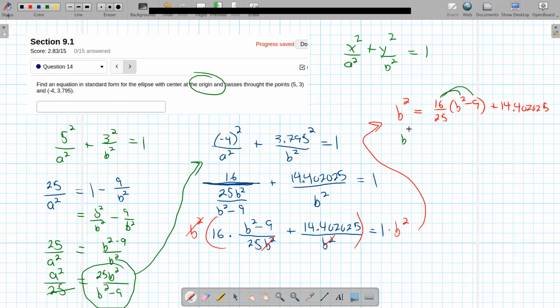So b squared equals 16 over 25 times b squared minus 16 over 25 times 9. So we'll just say 16 times 9 over 25. We still have that 14-ish number on the other side hanging out. Now we can subtract this 16/25 b squared to the other side. And if you consider that's a 1, 1 minus 16 over 25 gives us what, 9 over 25?